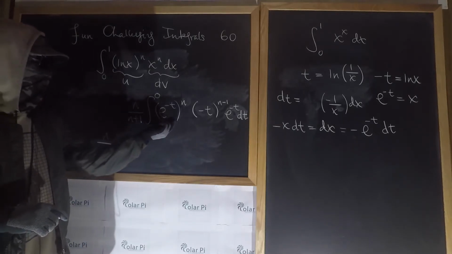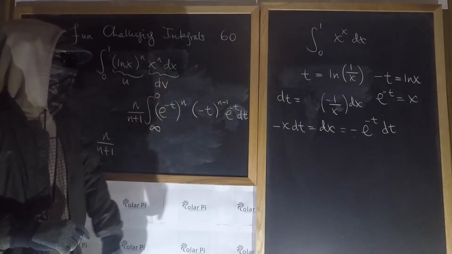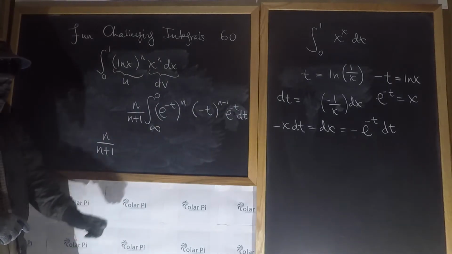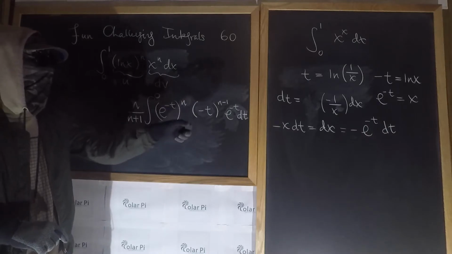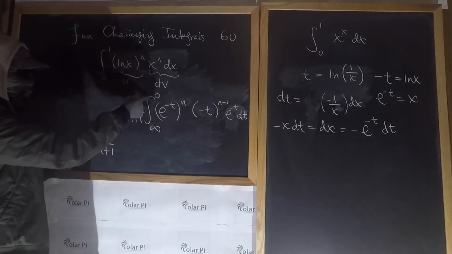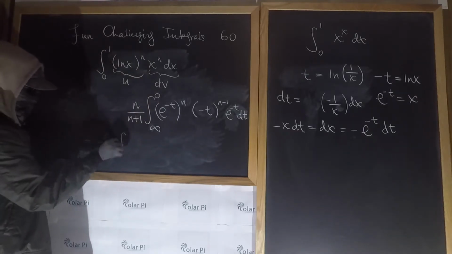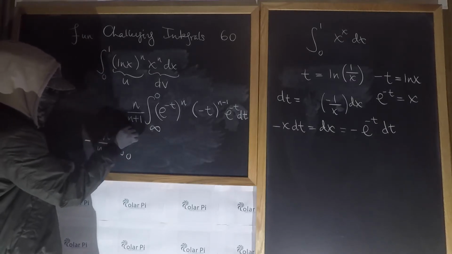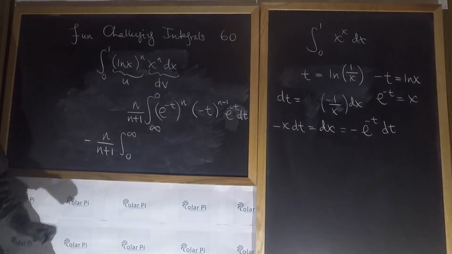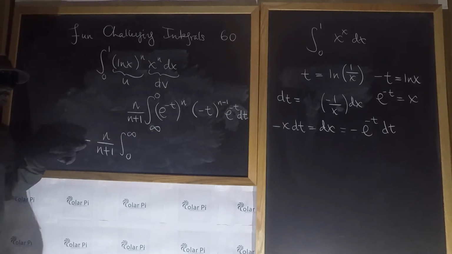Now, here we have e to the minus t to the n, but here we have e to the minus t to the first. So together they make e to the minus t to the power n plus 1, right? And also we could swap the limits of integration here and put a negative right here. And so go 0 to infinity, right? And I made up for swapping the limits by putting a negative sign right there.